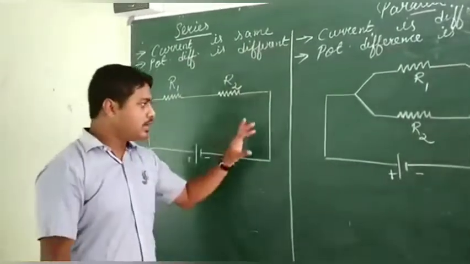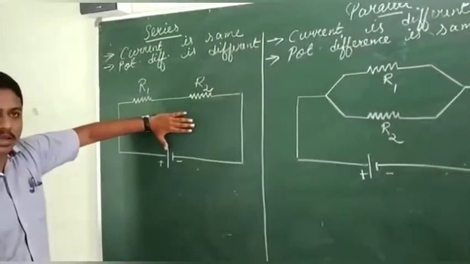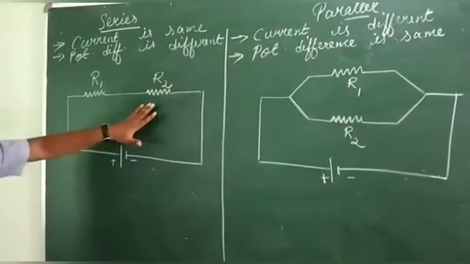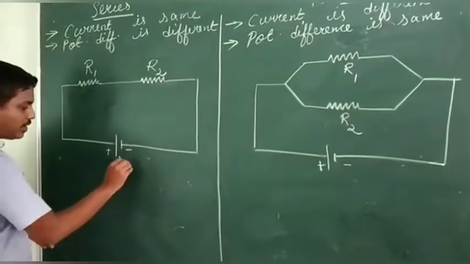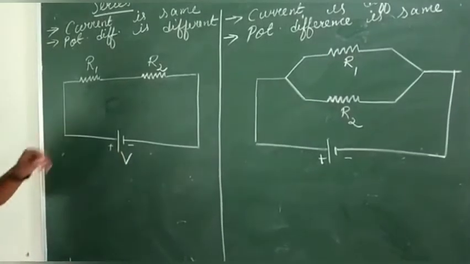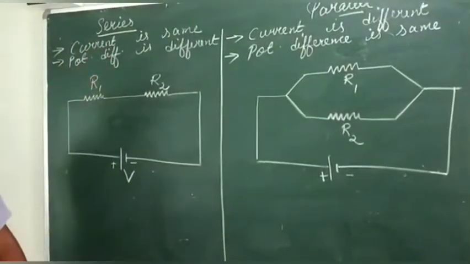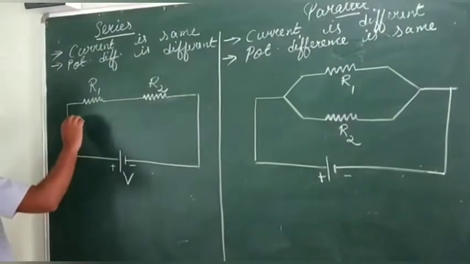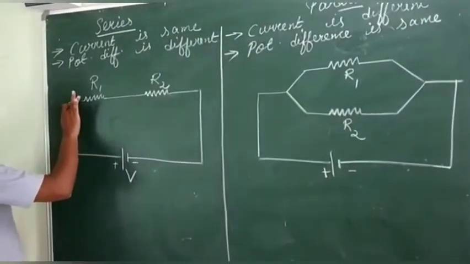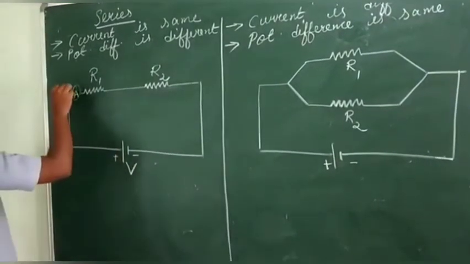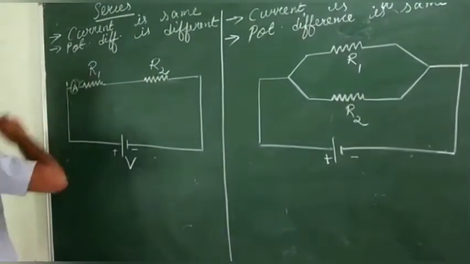How to check it? Suppose you draw this series connection circuit. Okay, R1 and R2 are two resistors connected to a battery having a voltage V. Now, how to see whether your current is the same or your potential difference is different? I will connect an ammeter here. This should be connected to positive, negative.